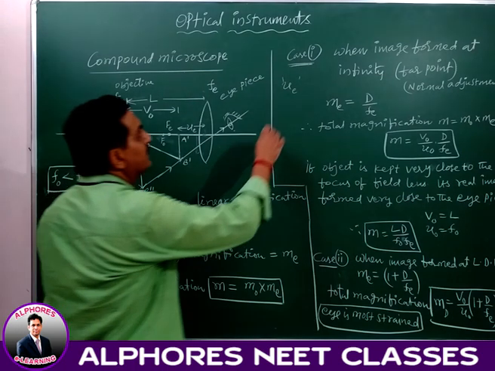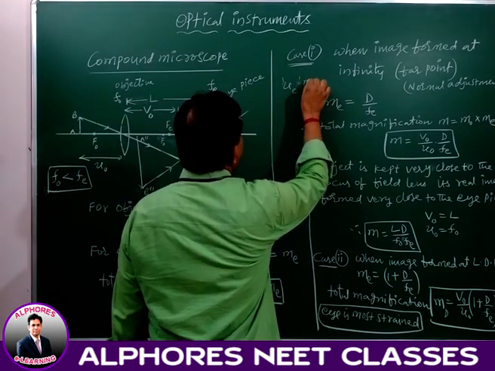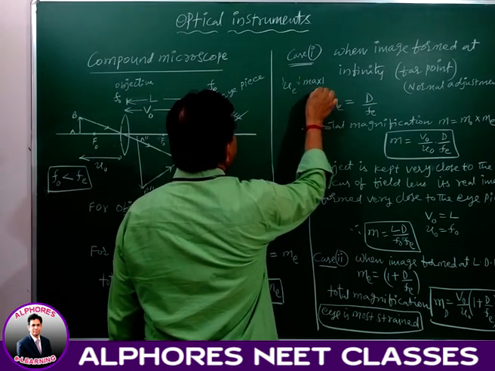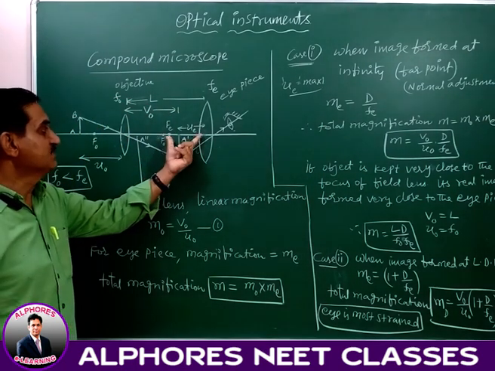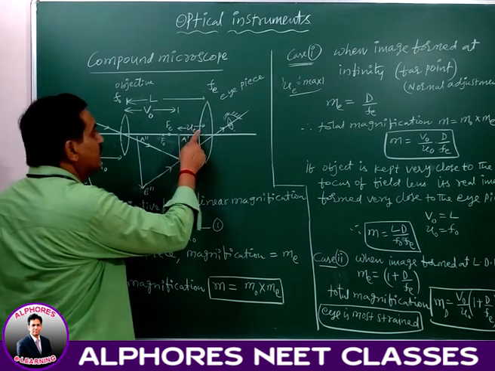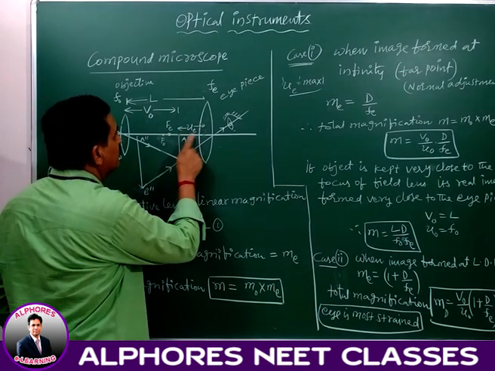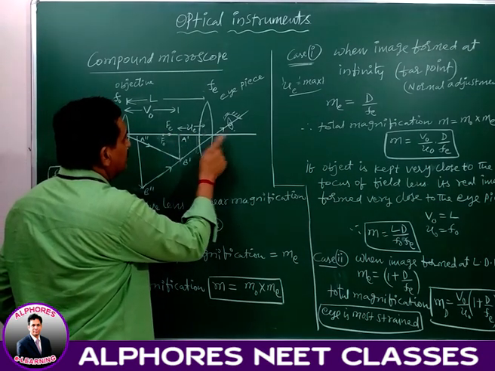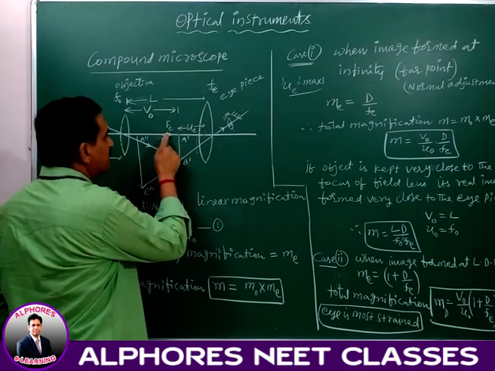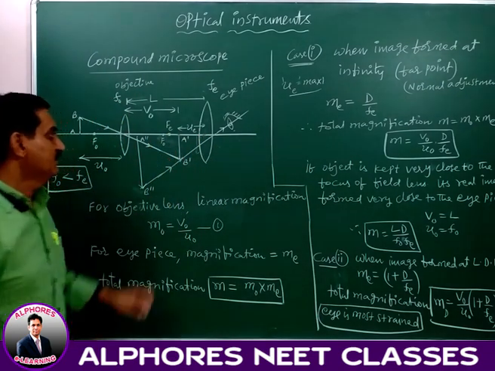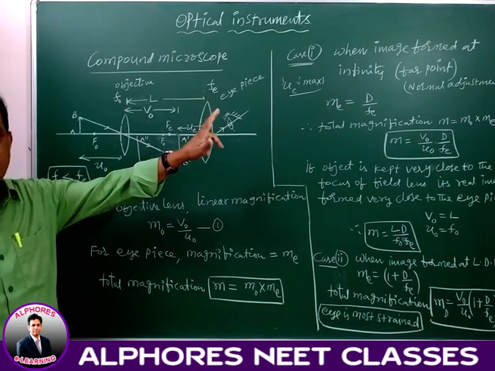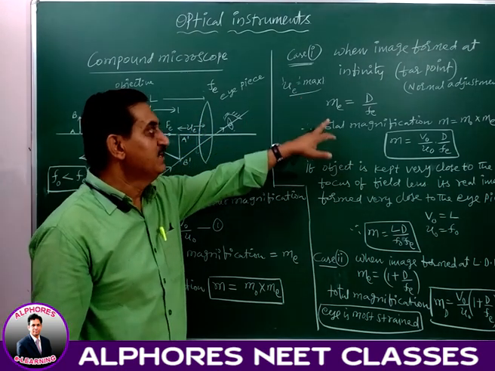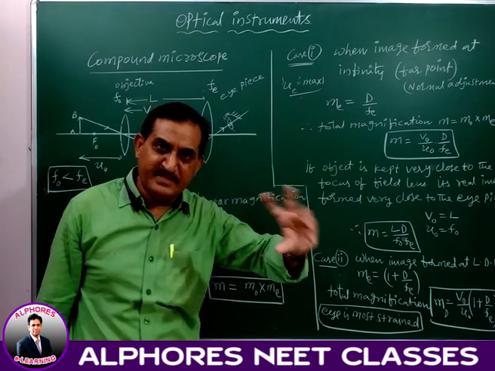Whenever ue is maximum, when the image is formed at infinity, ue is maximum, because ue is nothing but here the eyepiece is moved backward. Then the focus touches the image formed by the objective, so ue becomes maximum. When ue is maximum, its magnifying power is minimum.